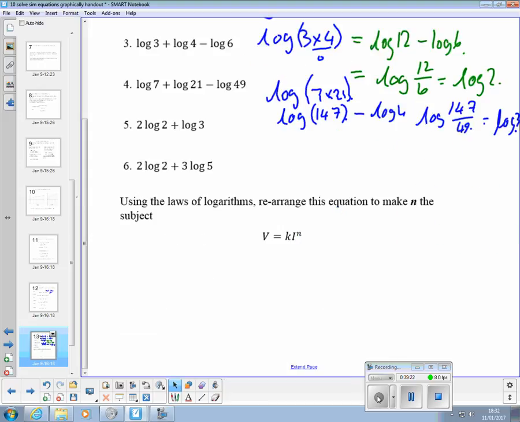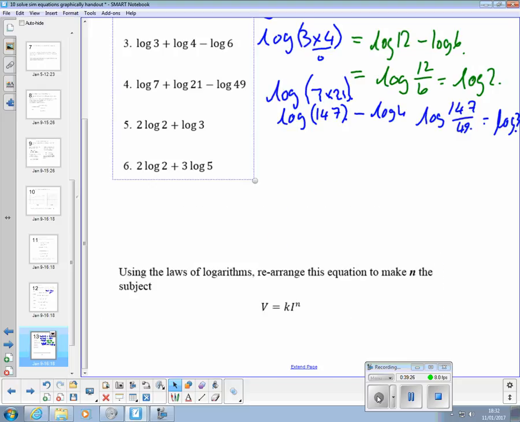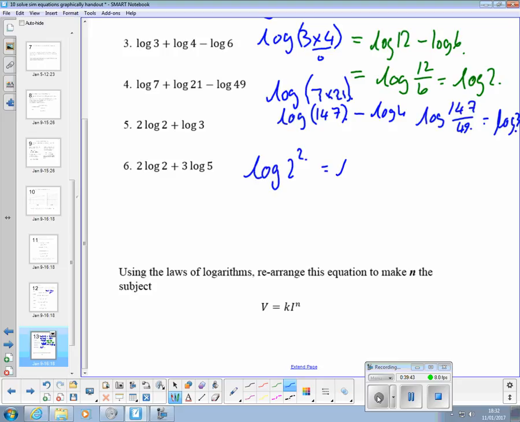What about this one? How have we done that one? Number 5. Log 2 to the power 2 is equal to the log of 4.